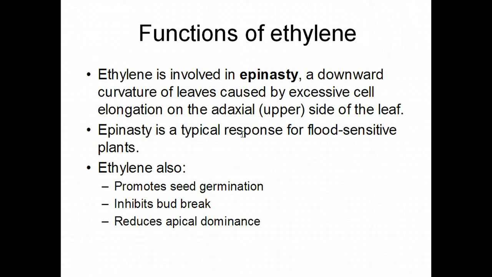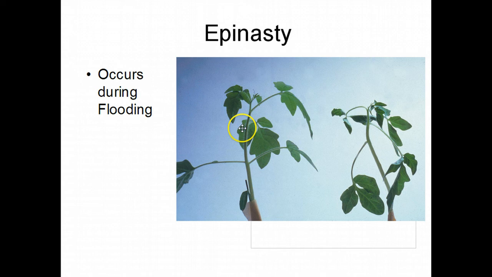You see this when you see a flooded plant. The classic is a flooded tomato plant where the leaves are sort of growing down, like this. What you have is ethylene being produced in the root. That's where the stress is. And it actually causes this irregular elongation of the leaves.